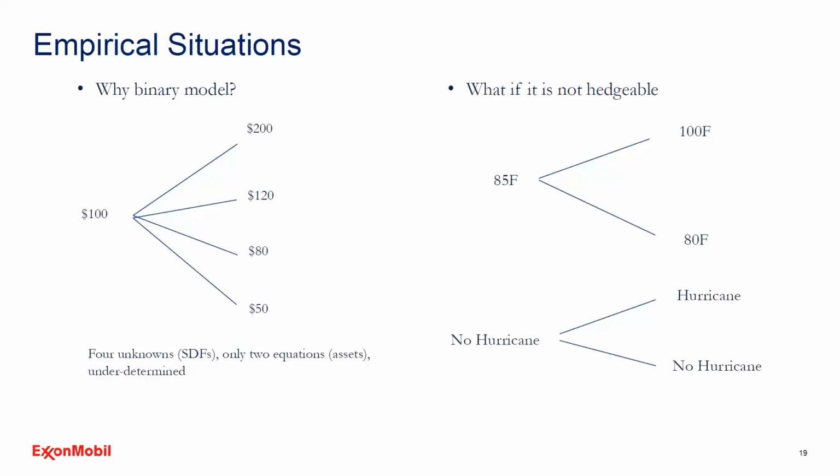For example, you have a weather option, and the weather itself cannot be traded. For the temperature, you can only wait until maturity to observe the realized temperature. This makes your valuation very challenging, and basically you are in an incomplete market.